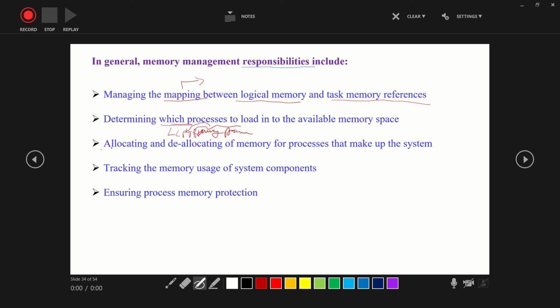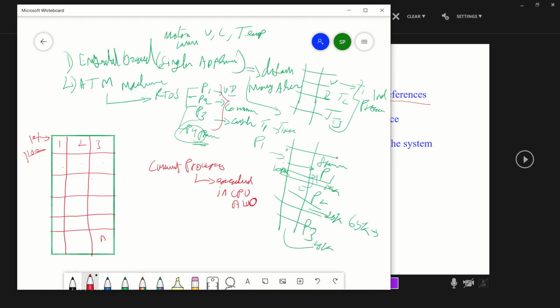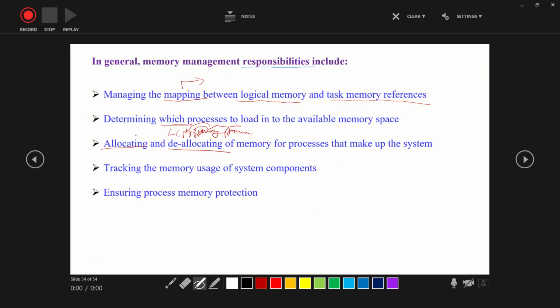Okay. Next, allocating and deallocating. Already I have told you what is meant by allocating and deallocating memory space in the system. Next, tracking the memory usage of the components. Here I am allocating the memory from 01 to 100, but only 30 is used, so 70% of the memory remains available.